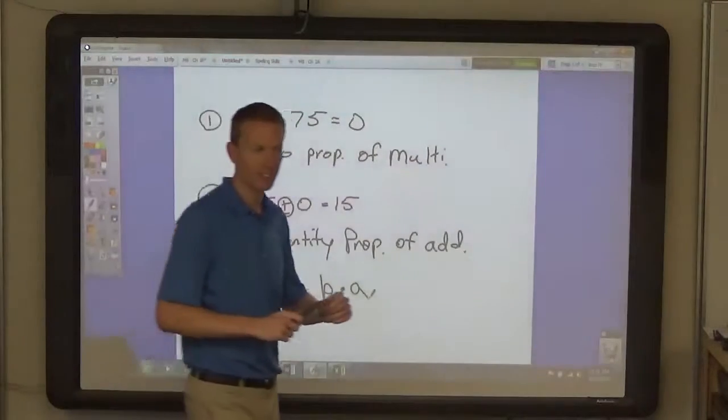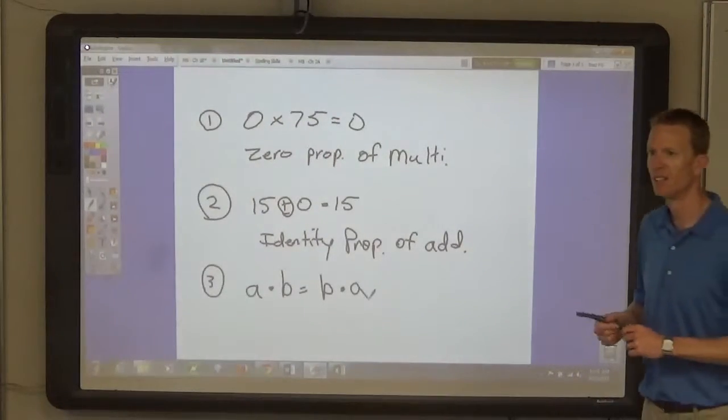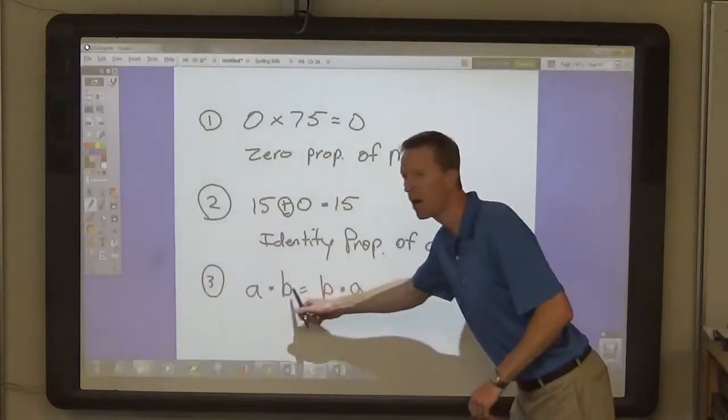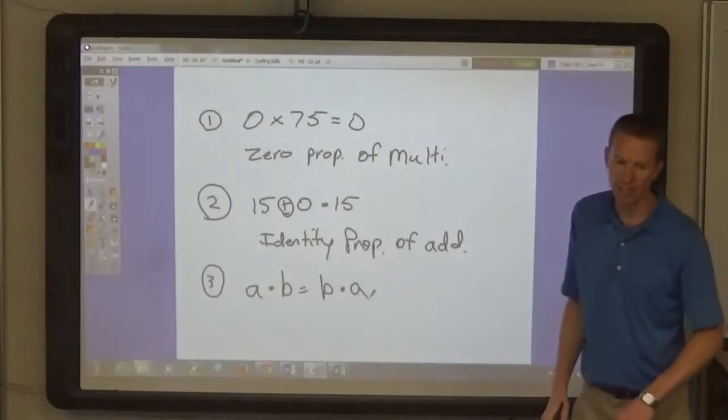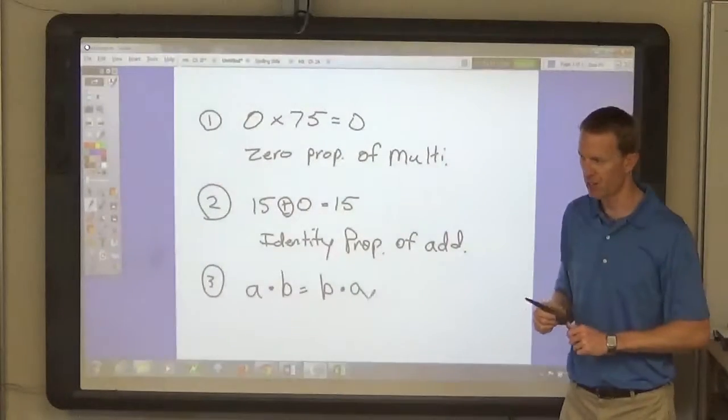Which property is that? Alex? Commutative property. That's the commutative property of multiplication. You can switch the numbers and get the same answer.